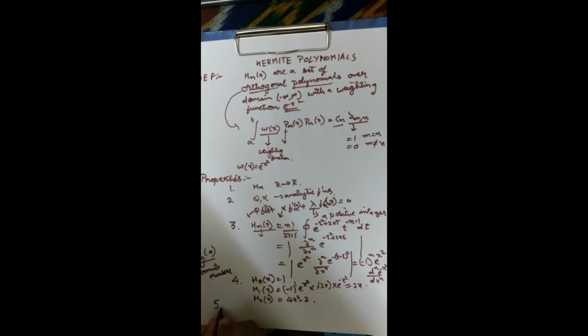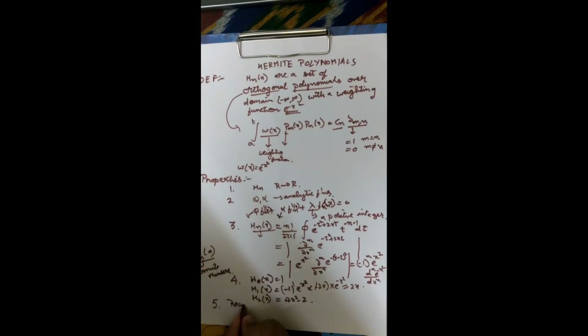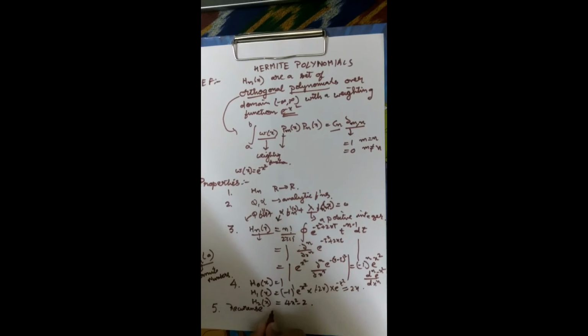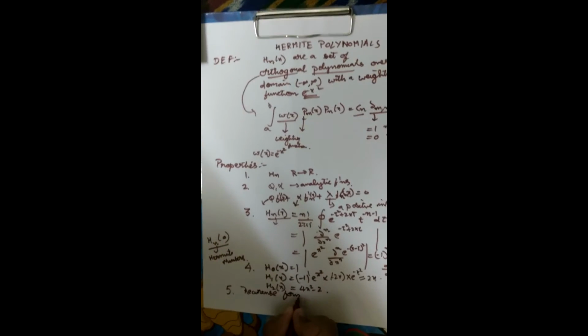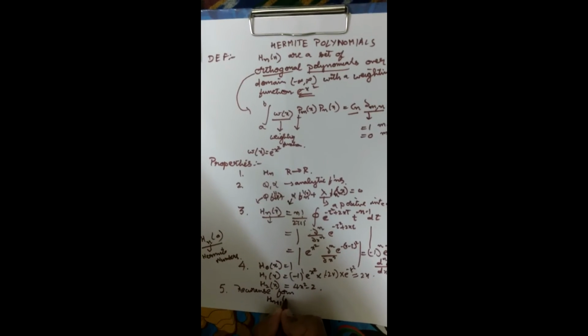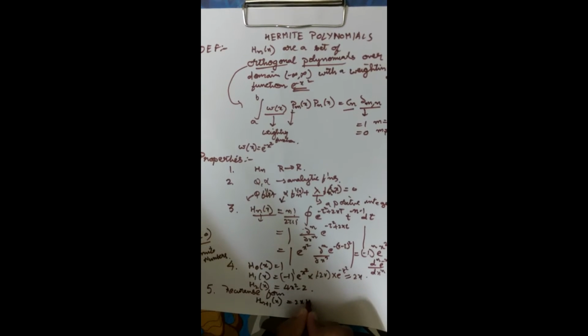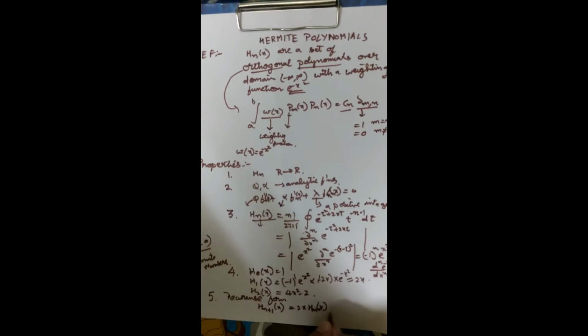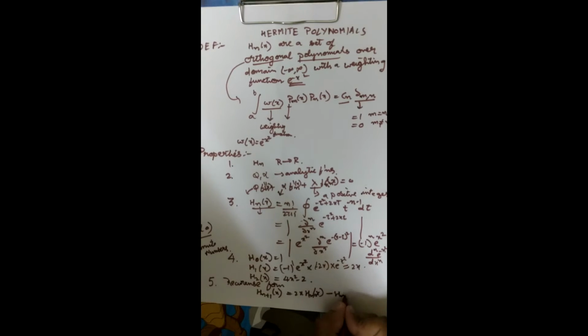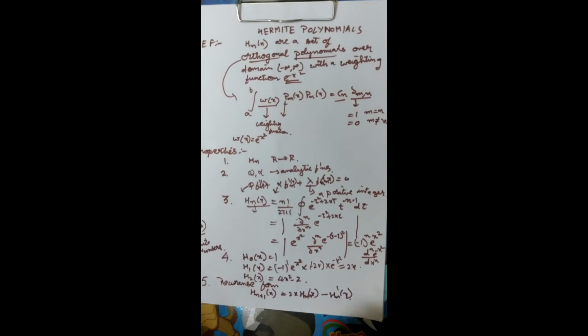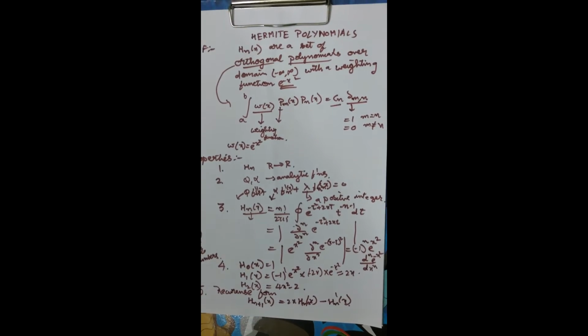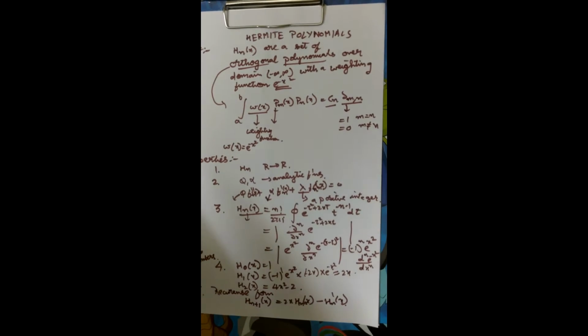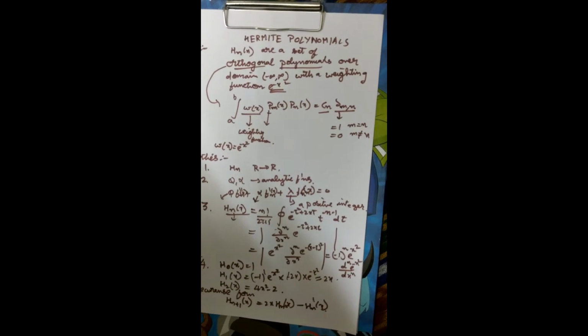Now let's look at its recurrence form. Hn plus 1 of x is equal to 2x Hn of x minus Hn dash of x. Similarly, we can write it in various forms, and for restricting it, we'll only use the recurrence form.